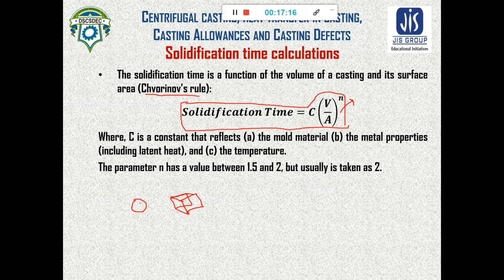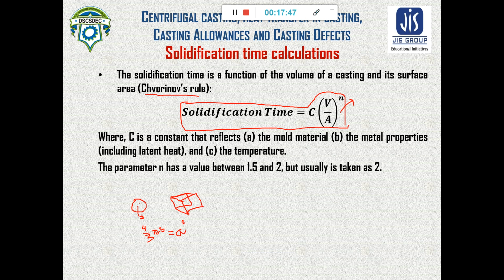So how can it be given? We know the volume of a sphere is given by 4 by 3 pi r cube. This is the volume of the sphere, and the volume of the cube is given by a cube.